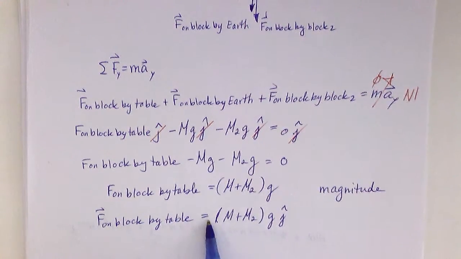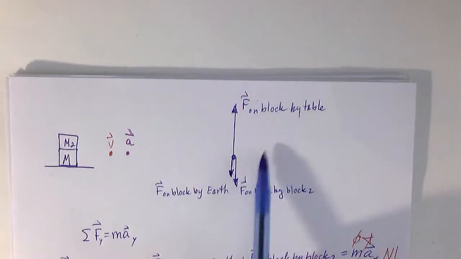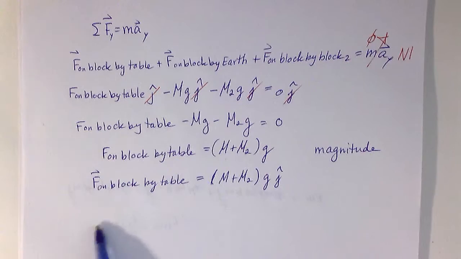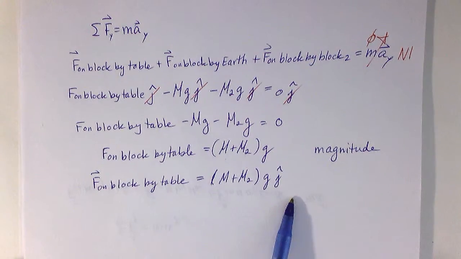Notice I'm not putting a negative here, because this force is going up. You go by the direction of the force. If you look at your free body diagram, force on block by table goes up. That means that we have force on block by table going in the j hat direction.